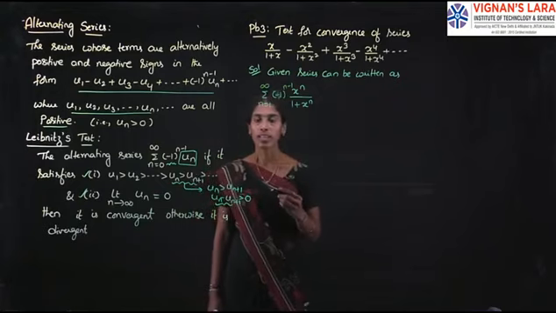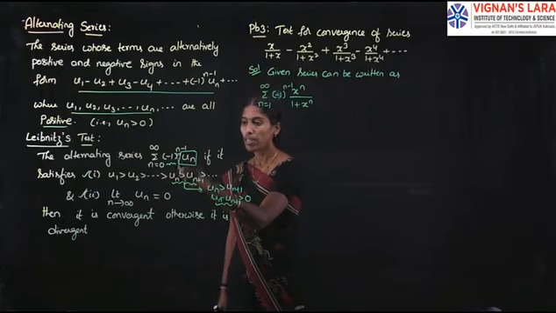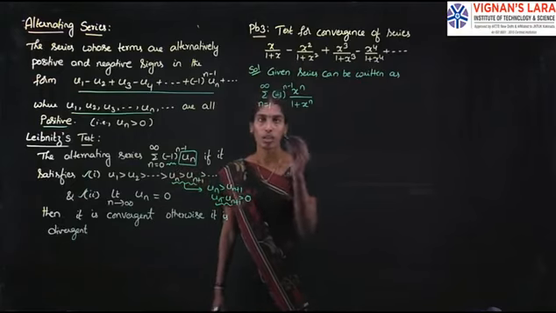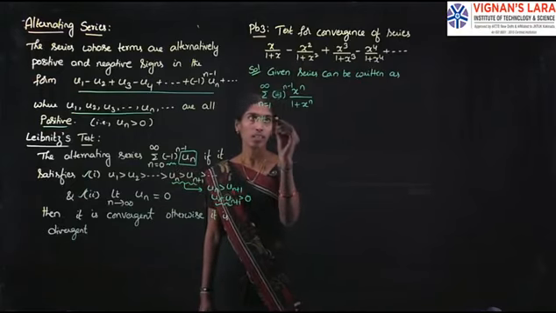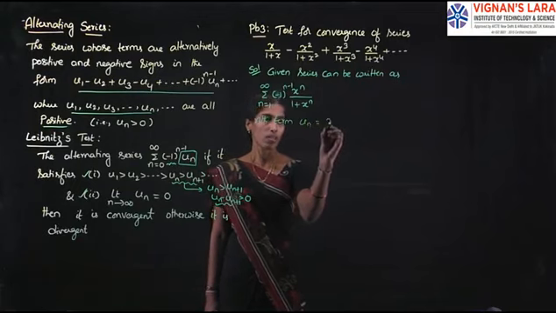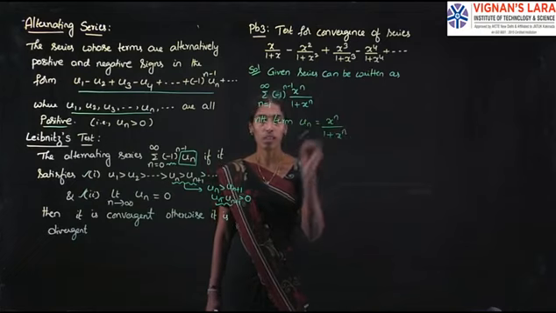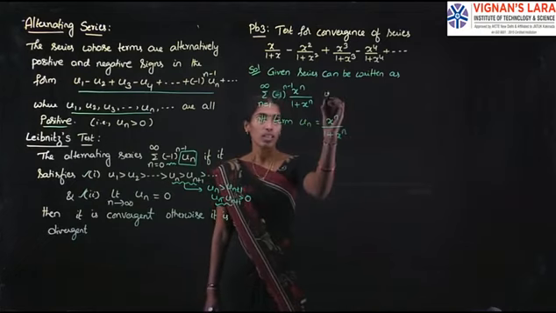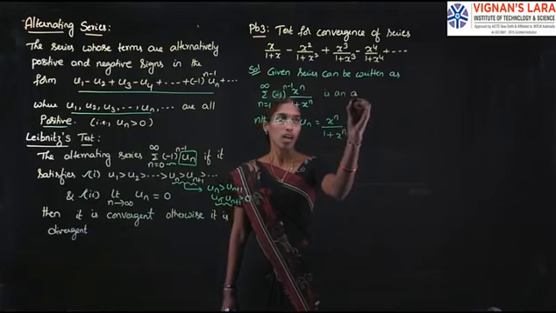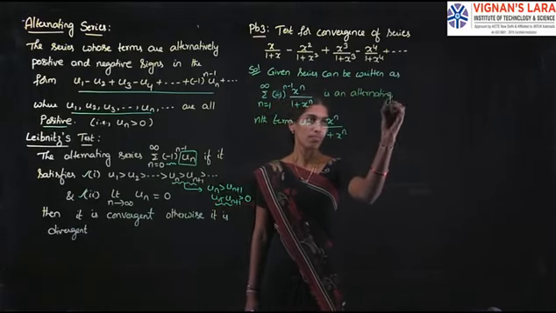In the alternating series, un is the term after sigma minus 1 power n minus 1. So here the nth term un is equal to x to the power n by 1 plus x power n. It is an alternating series.